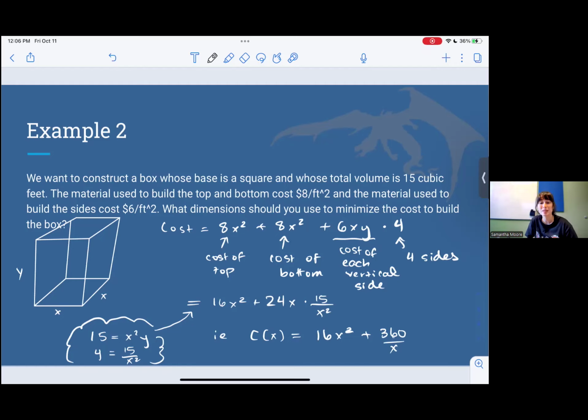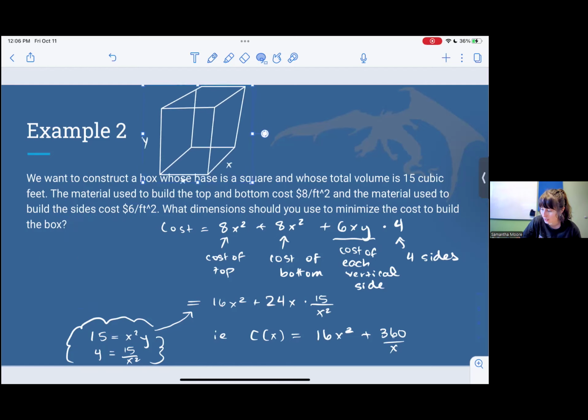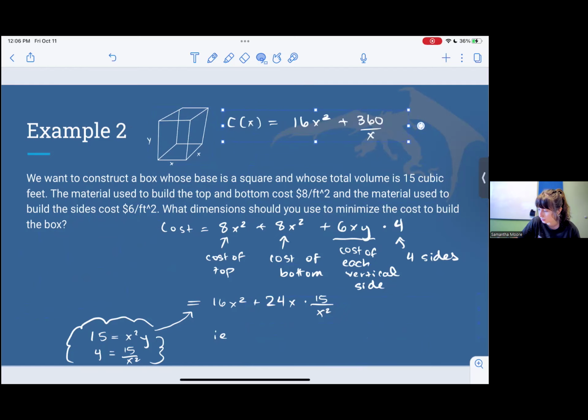Okay, so step number 1 is done. If I set my problem up with a base side of x and a height of y, then this is what my cost equation gets me.